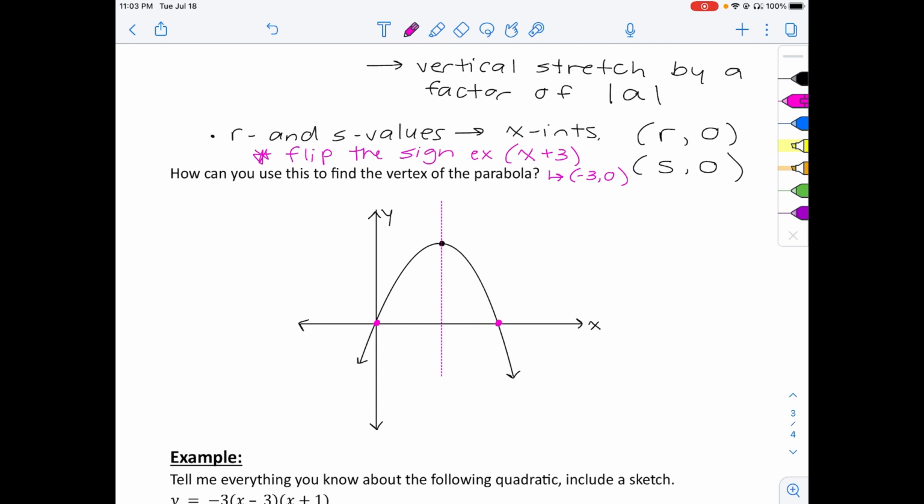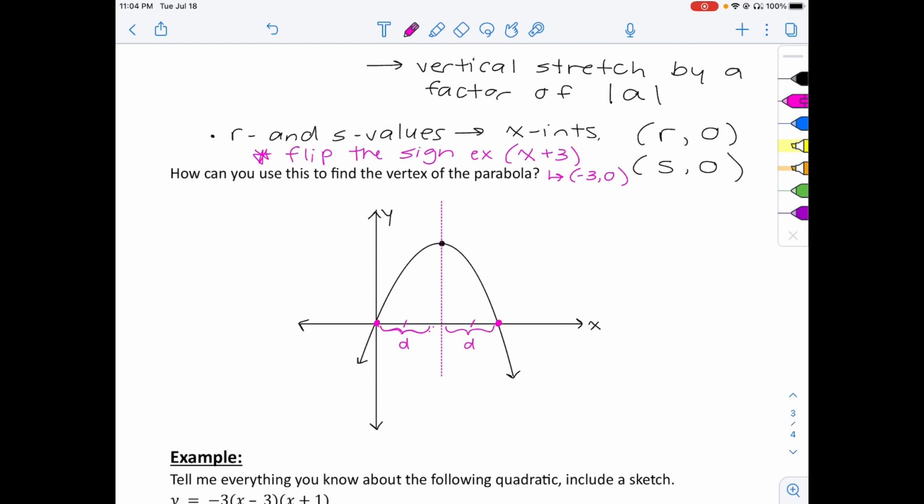And we know that because the axis of symmetry is directly in the middle, this distance here and this distance here would be the same, right? Like if we were to draw a line like this to show that they are equal. So if I was measuring from my axis of symmetry to the x coordinate of the x-intercept, it would be the same distance.